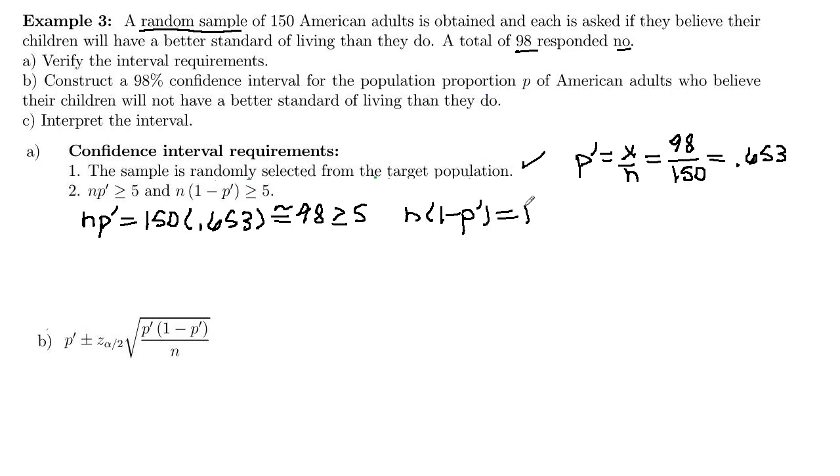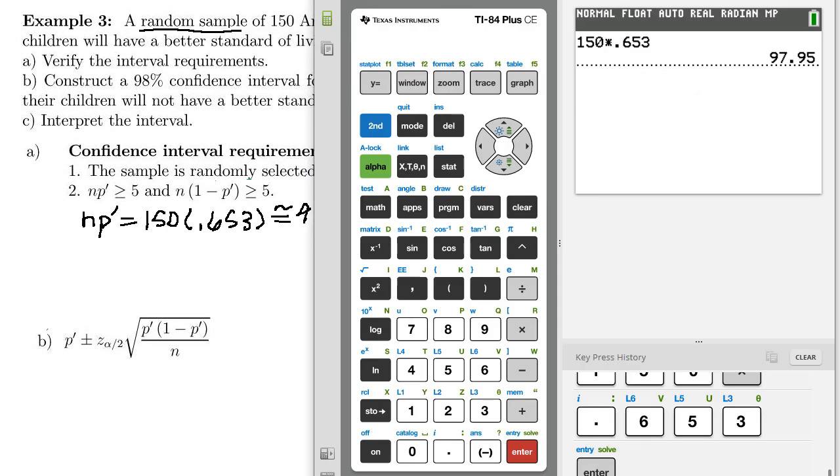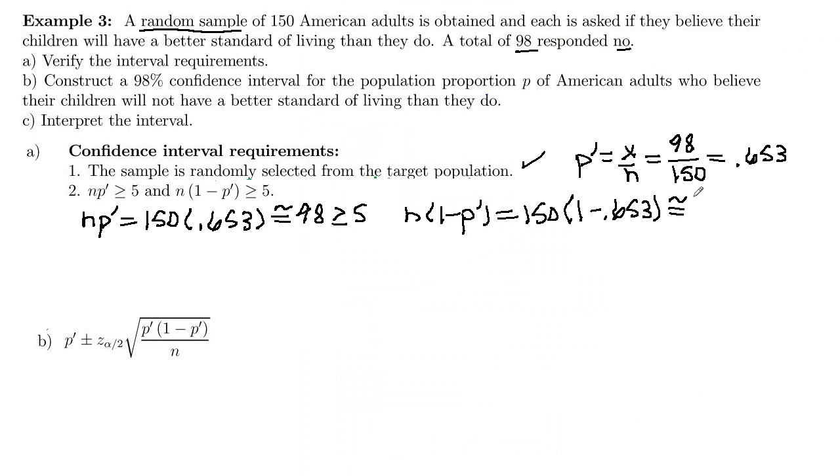So that's going to be 150 times 1 minus 0.653, so about 52, and certainly greater than or equal to 5. So both conditions are satisfied. Remember, the second condition is the normality condition. And now we can compute our confidence interval.